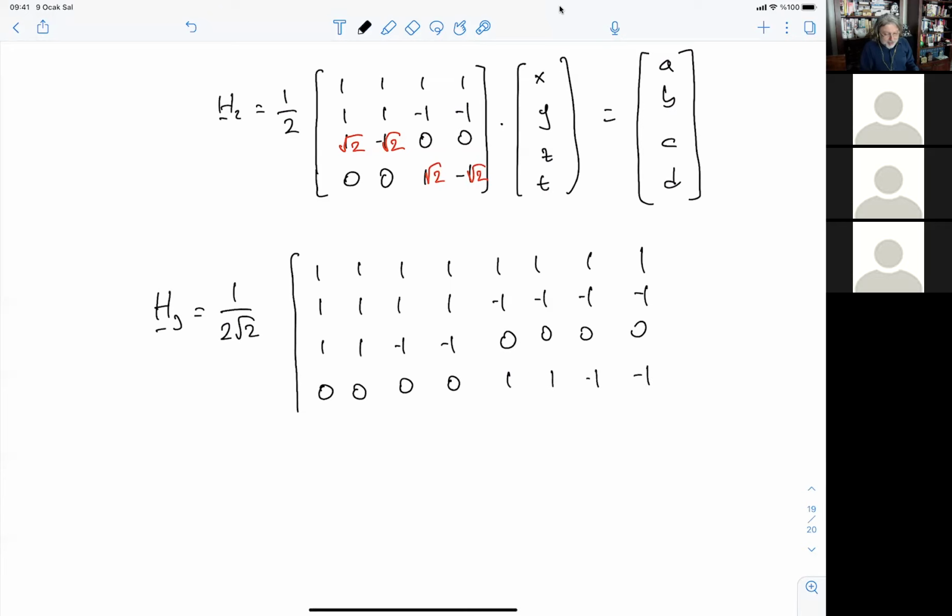But the problem again is about the norms of these rows. And in order to normalize, I have to again multiply by square root of 2. So essentially, let me erase these and let me write them in the correct way. Square root of 2, square root of 2, minus square root of 2, minus square root of 2 is what you really need to say in these two.